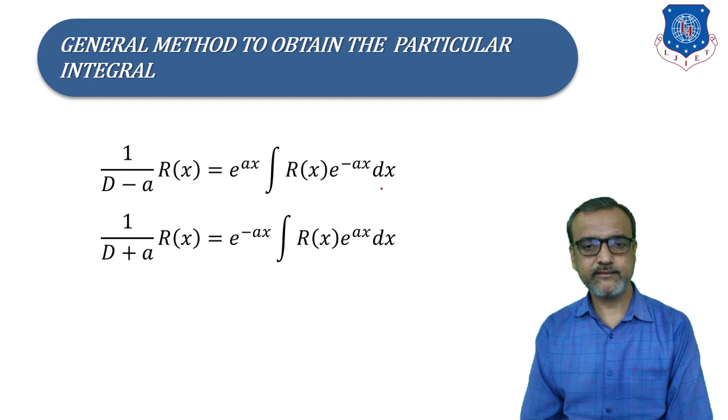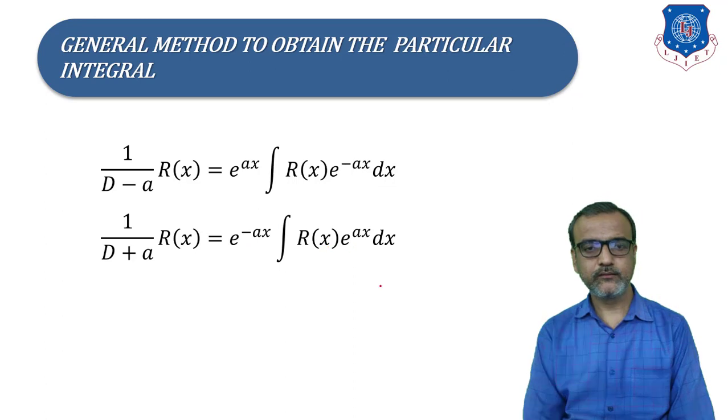And if we apply the 1/(D + a) operator on R(x), that is equal to e^(-ax) ∫ R(x) e^(ax) dx. Now we will see an example based on this method.